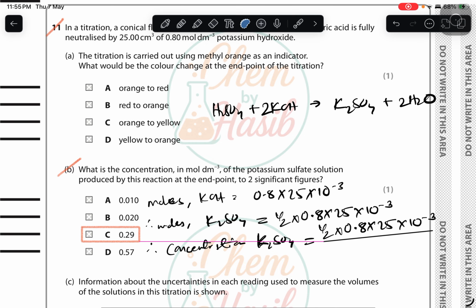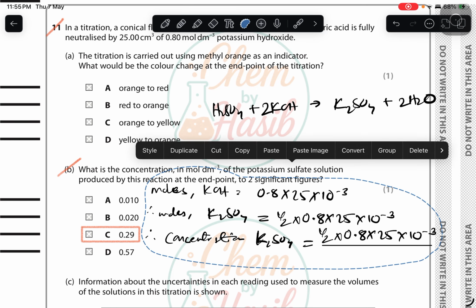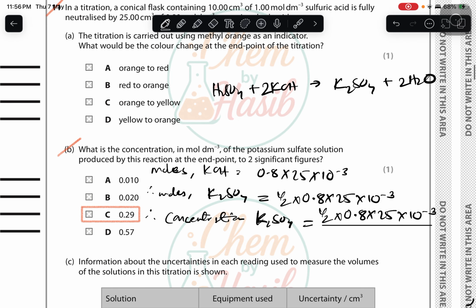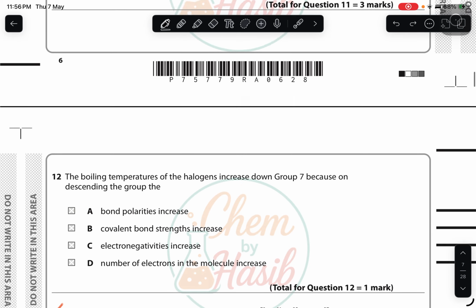Because when we carried out this titration, the total volume was found to be 35, 10 cm cube and 25 cm cube. So you divide this by 35 into 10 to the power minus 3. And if you calculate this, it is found to be 0.29 moles per dm cube. All right. We move on to the next question.